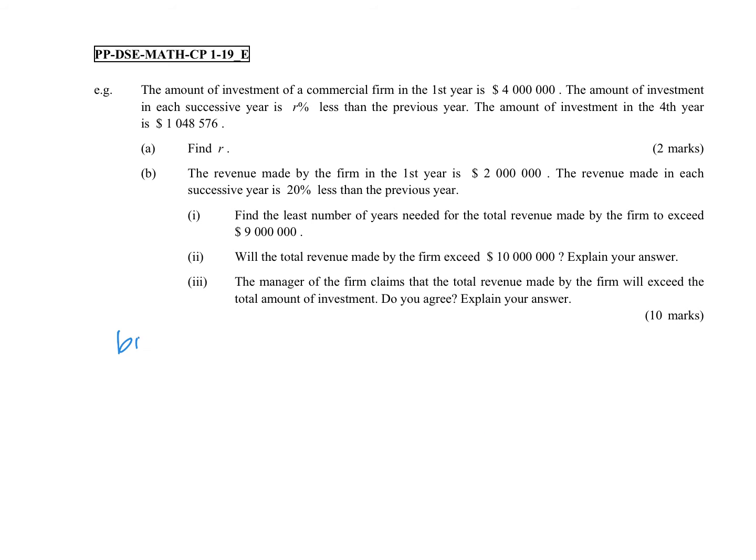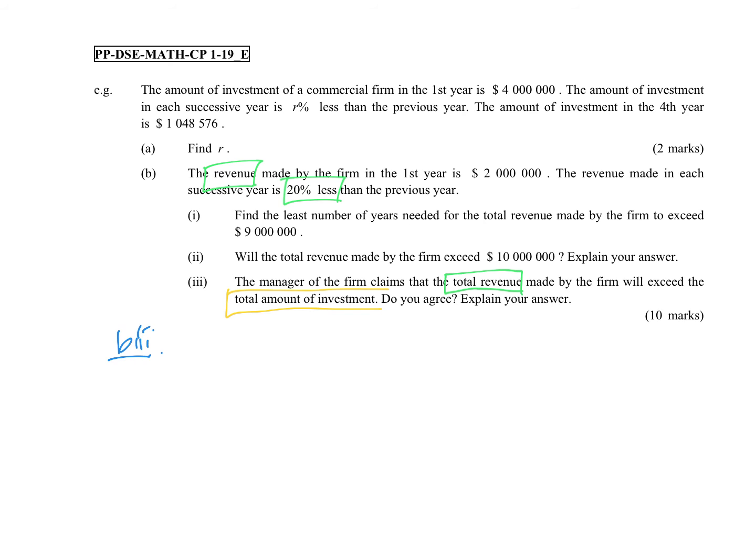Finally, B3. So the manager of the firm claims that the total revenue made by the firm will exceed the total amount of investment. That would be a very important question to ask.